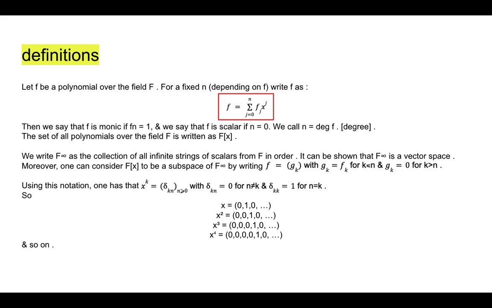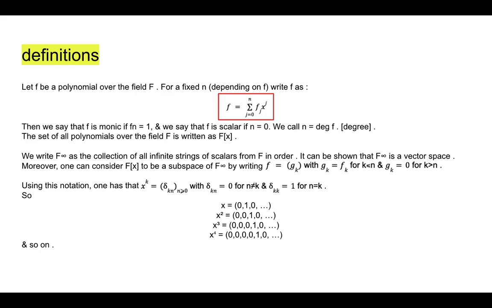It can be shown that F infinity equipped with addition and scalar multiplication, addition in the usual sense of component-wise addition, and scalar multiplication in the usual sense of component-wise scalar multiplication, turns F infinity into a vector space. Moreover, one can consider F[x] to be a subspace of F infinity by embedding it into it in the following way.